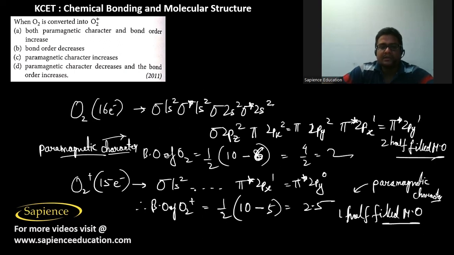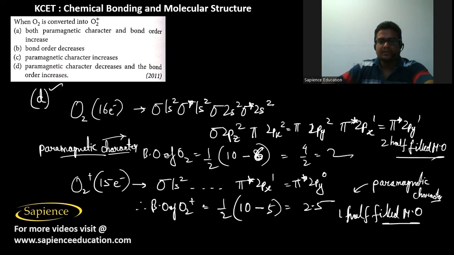So it means the paramagnetic character decreases and the bond order increases. So it means option D is the correct answer.